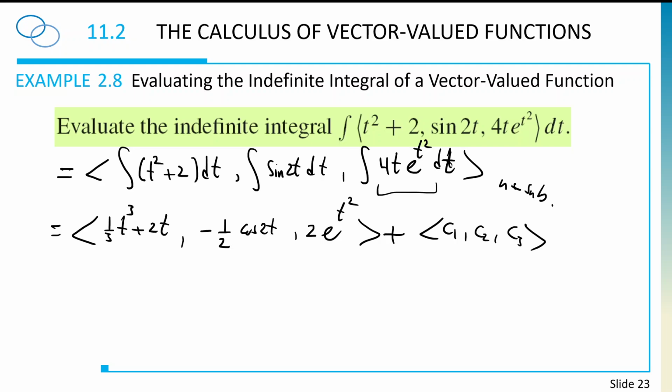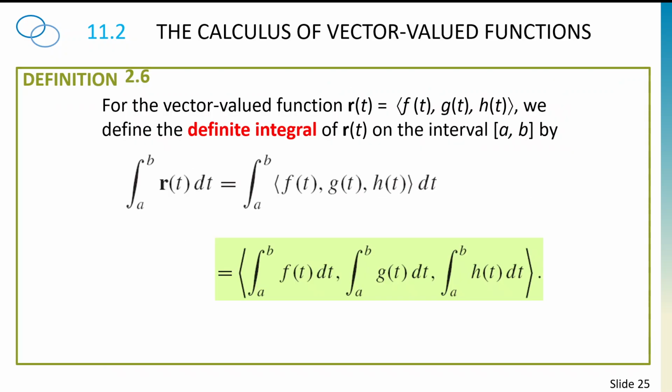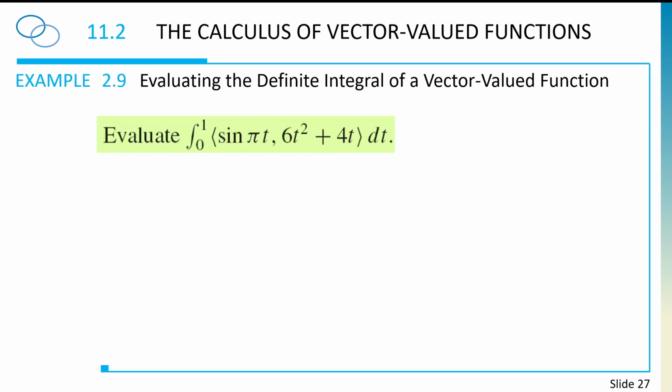This is the part about the integration. If the integration is definite, it's just the same as normal calculus. You do the integration and then you replace the boundary for the definite integral. If I have a definite integral, same thing. I'll take the integration one by one and then I'll replace the boundaries. So let's say I have this question.